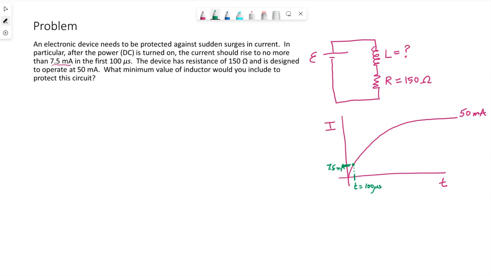All right, so this is considered a charging circuit because we're connected to a battery. The current is increasing with time.